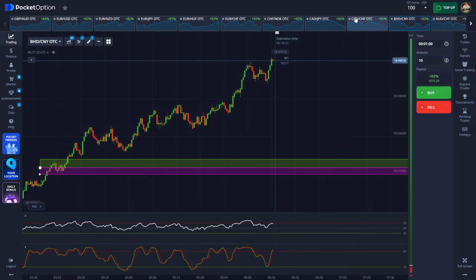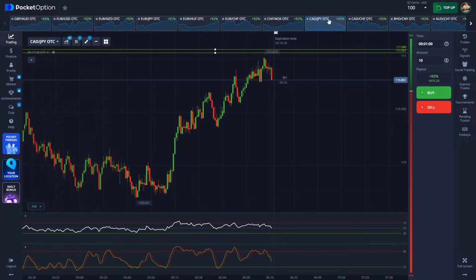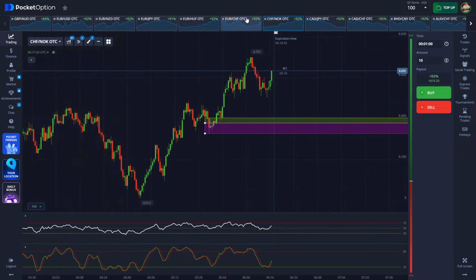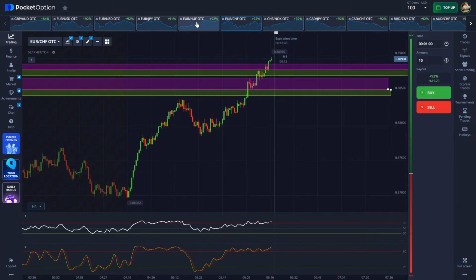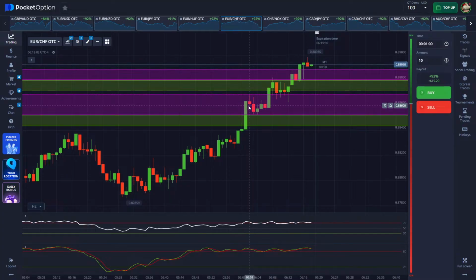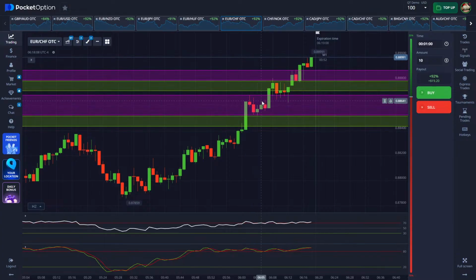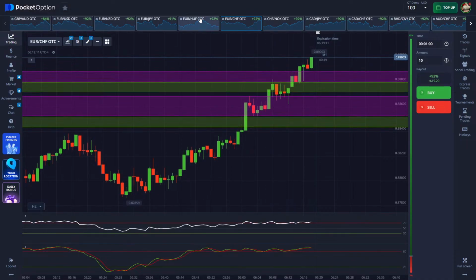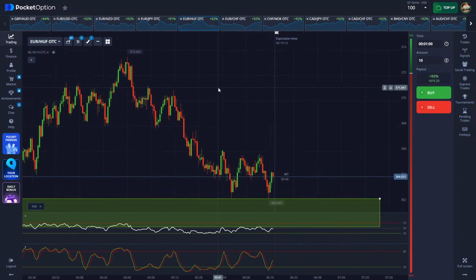I want to see if I ever find myself in one of them. You'll notice that I do go back and forth from one time frame to another. As you can see, the first candle to hit the zone did retract. Then it went up the second. But I'm curious to see.